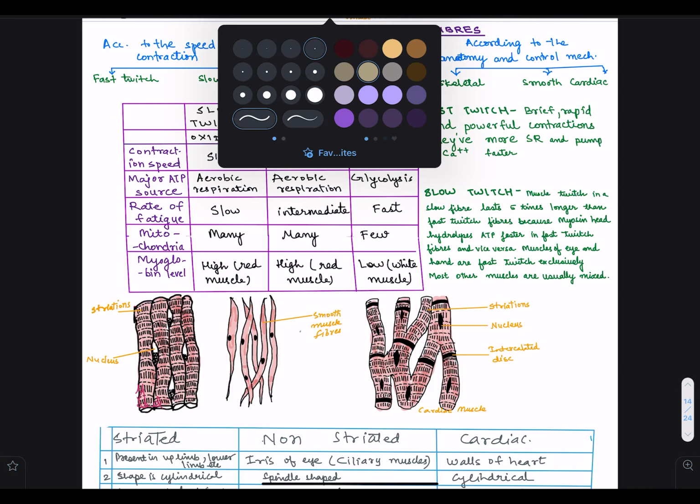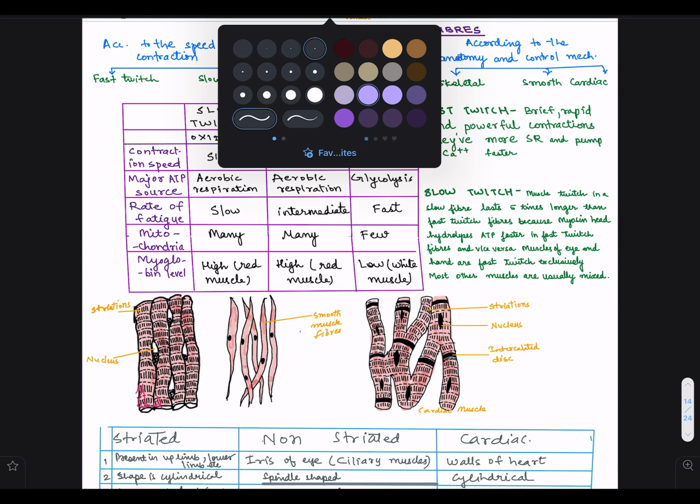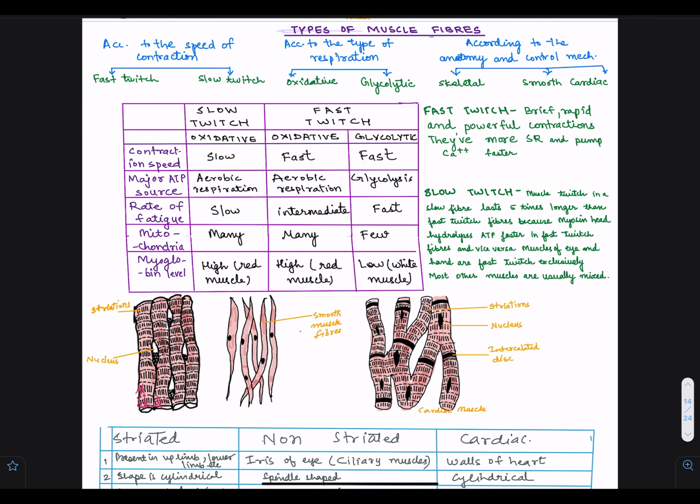In this video, we'll study about the types of muscle fibers. Now, the muscle fibers can be classified according to the speed of contraction, or according to the type of respiration they use, and according to the anatomy and the control mechanisms.